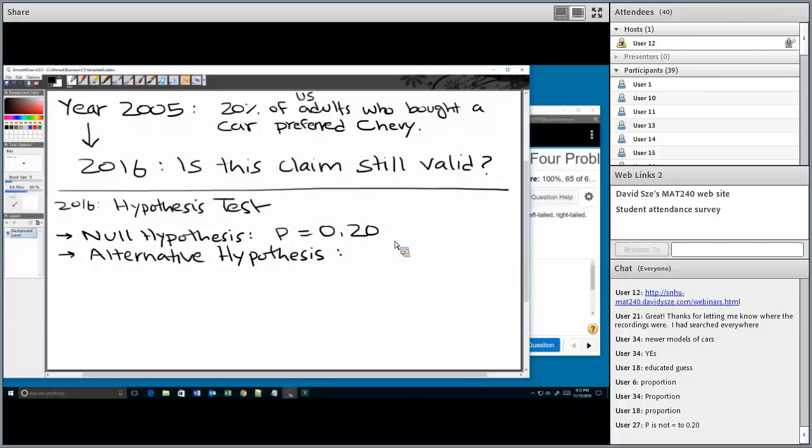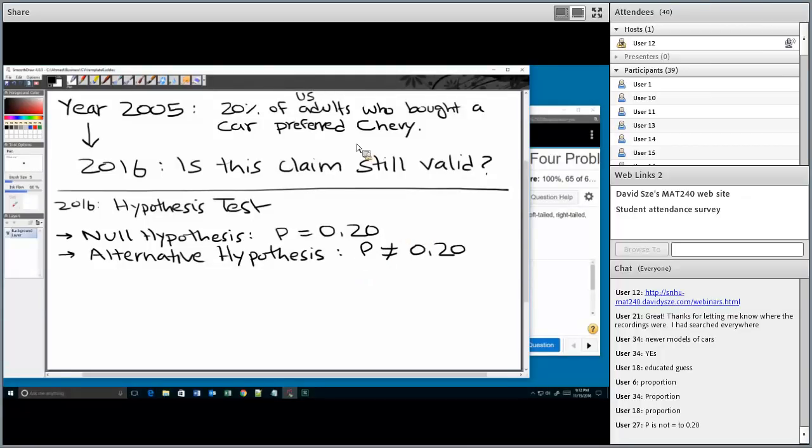Okay. So just like Sandra says, one of them can be p is not equal to 0.20. So we can say that the proportion is not equal to 20%. It's something else. It could be 40, it could be 10, it could be something else, but it's statistically different than p equals 20%.